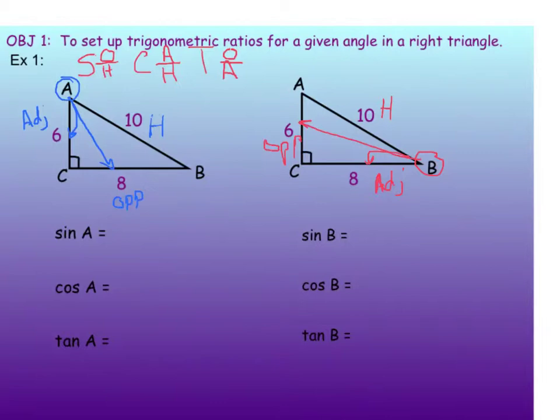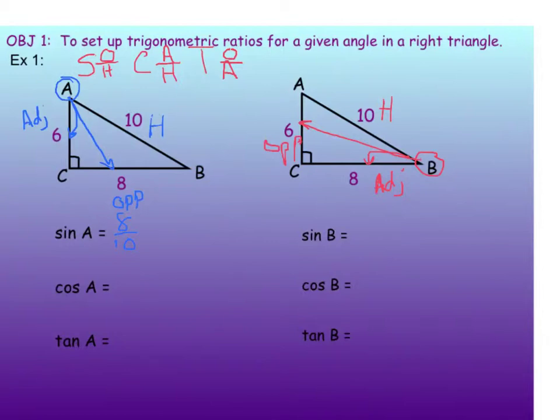Alright, so back to the first one over here. We're doing sine. Sine of A, I look and see I need an O and an H above each other. O above the H. Awesome. I can then easily identify the O as the opposite, the 8, and put that above the H, the 10. And I would reduce, but for time's sake, I'm not going to reduce.